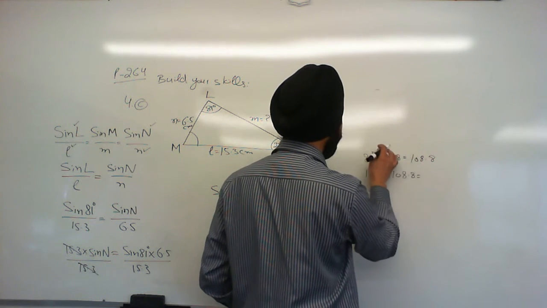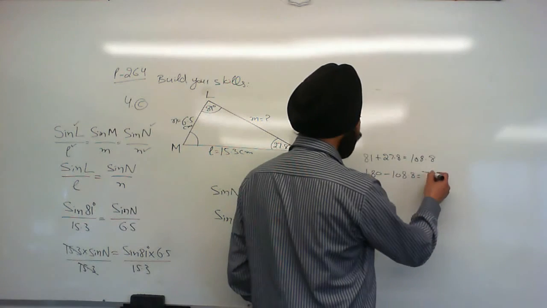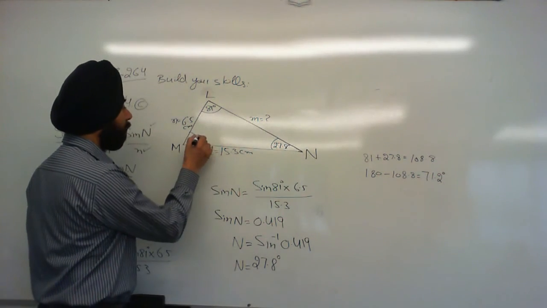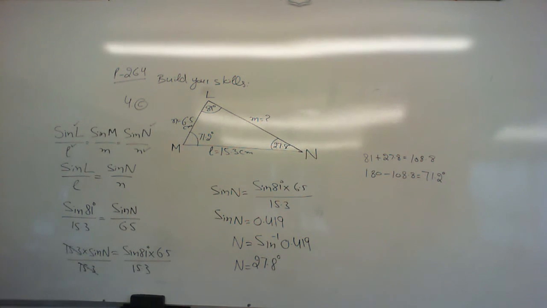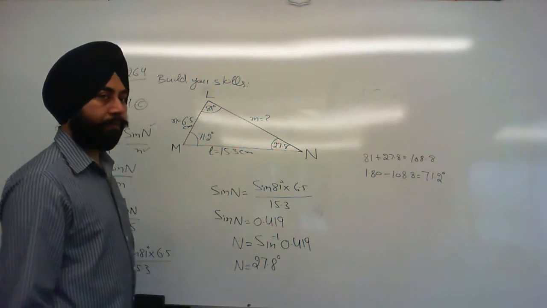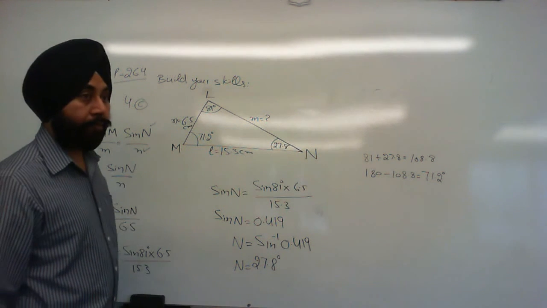What's this equal to? 71.2 degrees. So that's the third angle, 71.2 degrees. You should always verify, you should add them up and see if it gives you 180. 81 plus 27.8 plus 71.2. Okay, 180? Yeah.